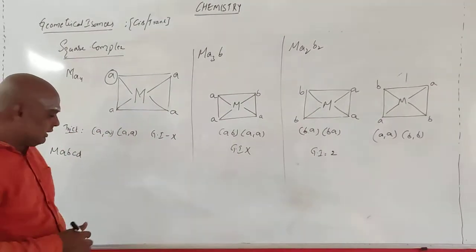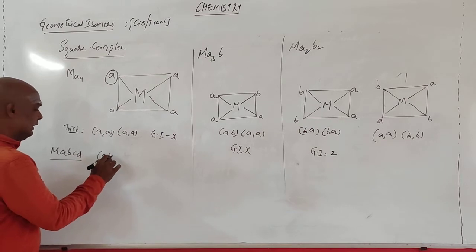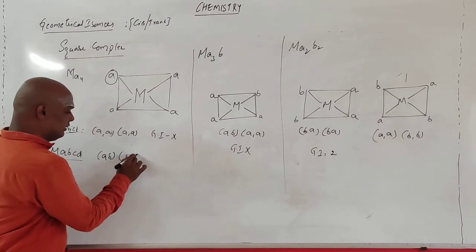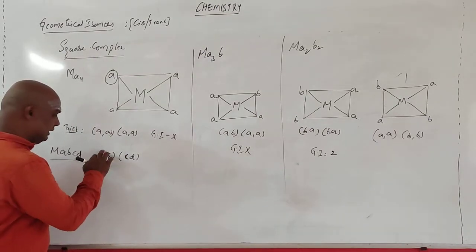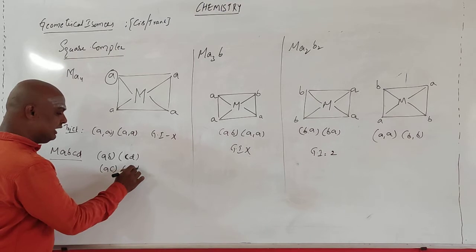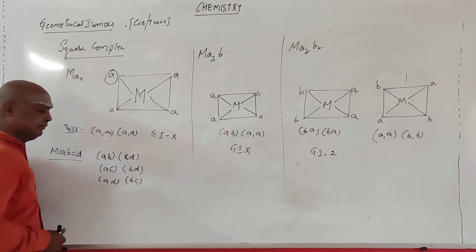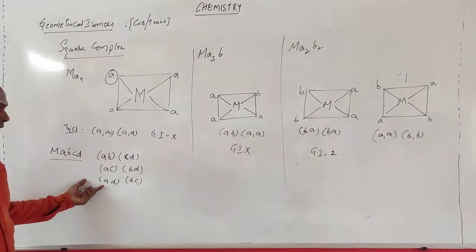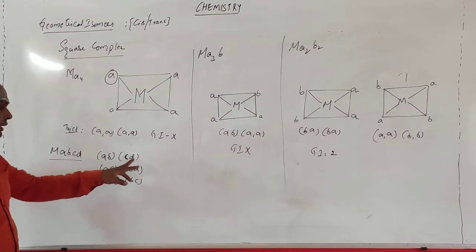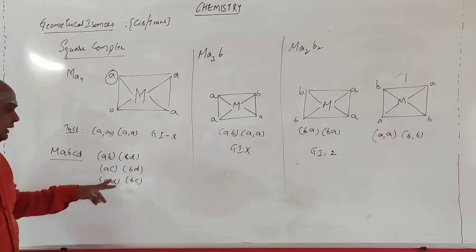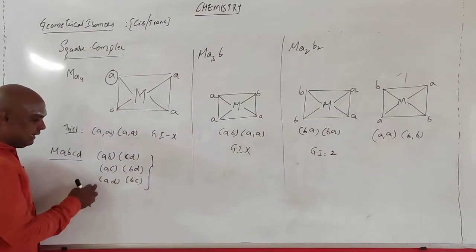So instead of drawing structures, try to go this way. How can you write? AB, CD you can write. Now A with C, B with D. Now A with D, B with C. Are you getting me? See, is there any more possibility other than this? So totally, AB is there here.